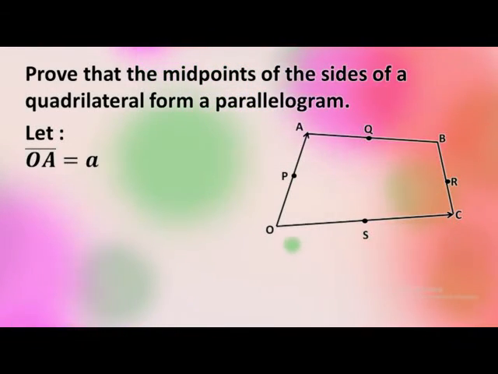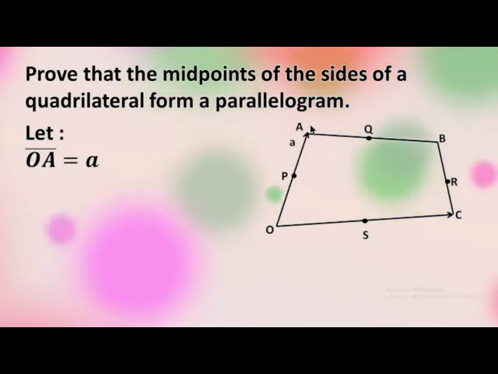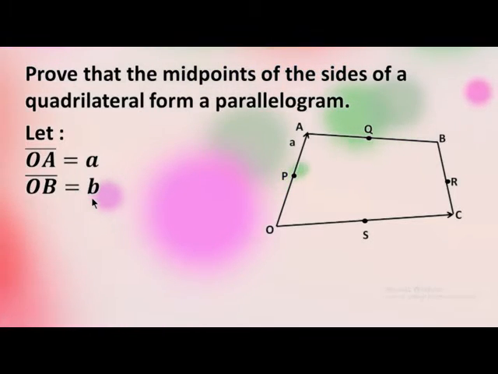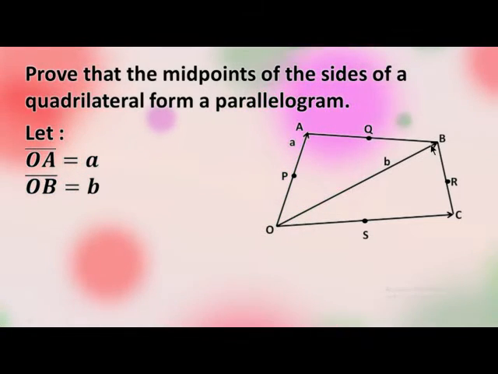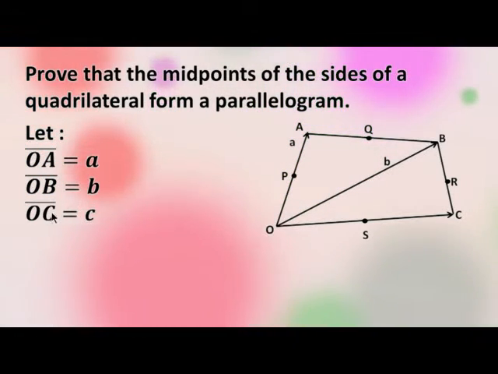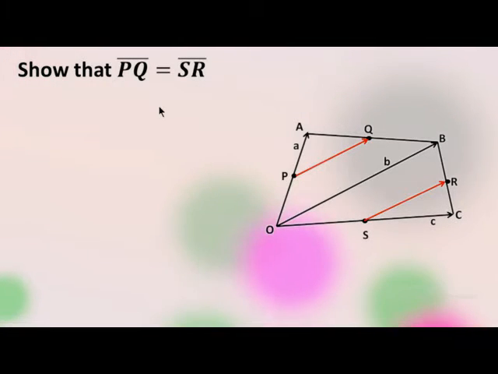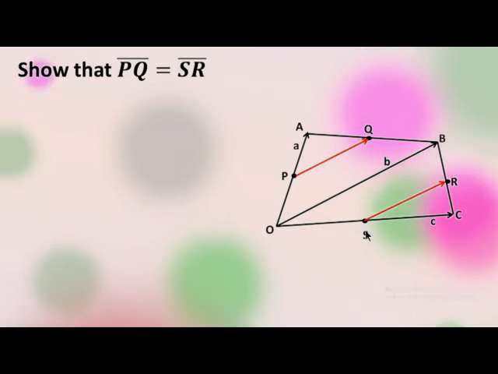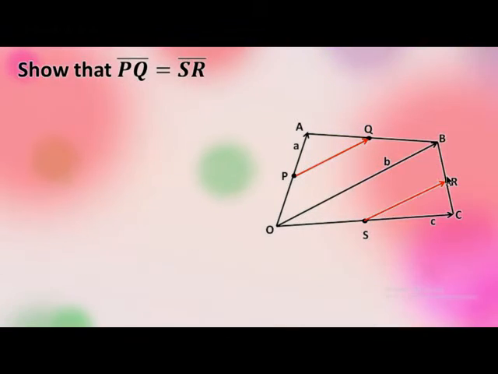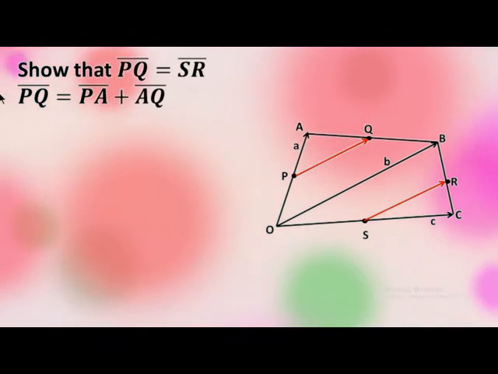Let vector OA be vector A, vector OB equal vector B, and vector OC equal vector C. Now we're going to show that vector PQ equals vector SR. First we find vector PQ.